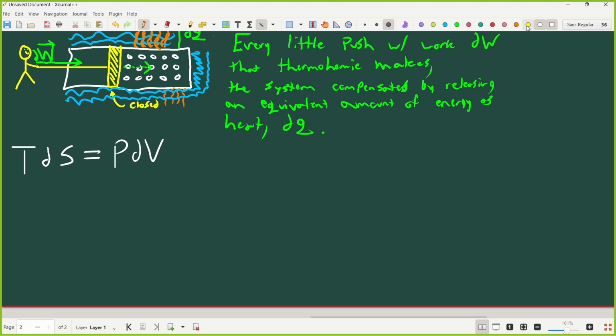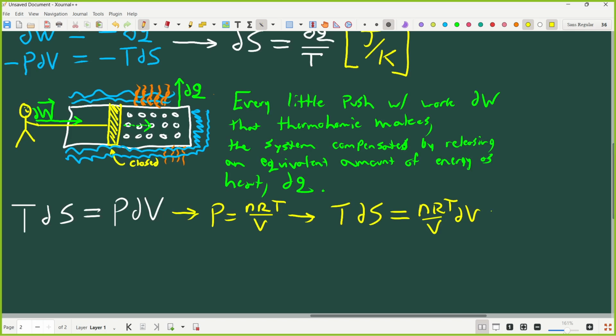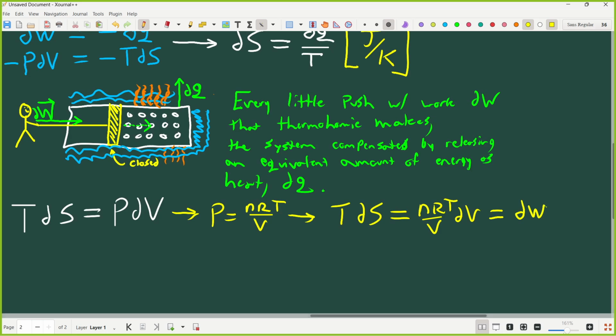And then we can use the ideal gas law, which is that P is equal to nRT over V, which says that TdS is equal to nRT over V dV. Okay? And again, this is the change in work.